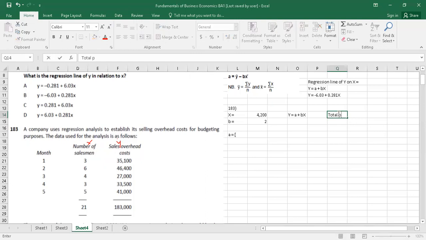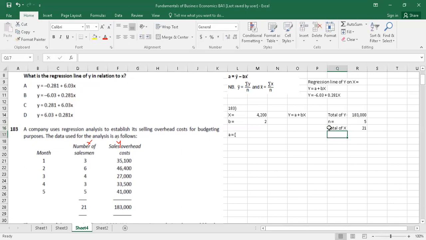Total of y is equal to 183,000. Then we have n is equal to the number of items, throughout 5 months. So n is equal to 5 items. Then we also have the total of x. Symbols are not available, so I'm just writing the full form. Total of x, we have it as 21.